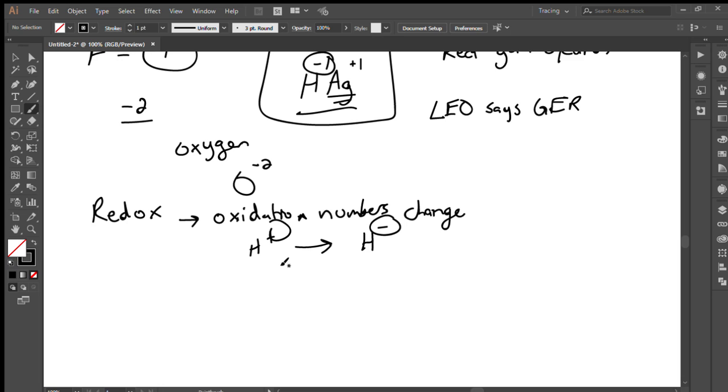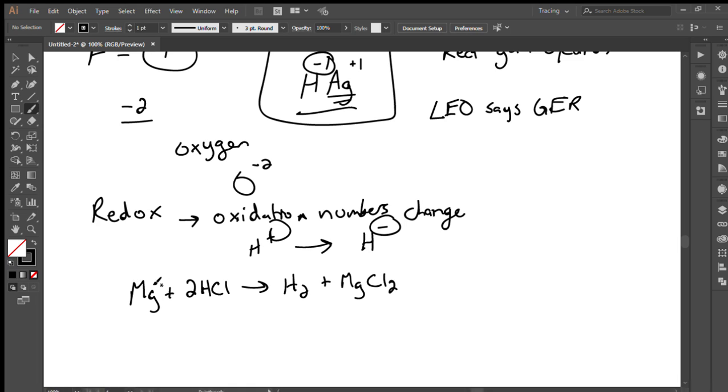They give us a couple examples here. So let's take the first one. We've got Mg plus 2 hydrochloric acids gives us hydrogen gas plus magnesium chloride. Okay, let's look at the oxidation numbers here.